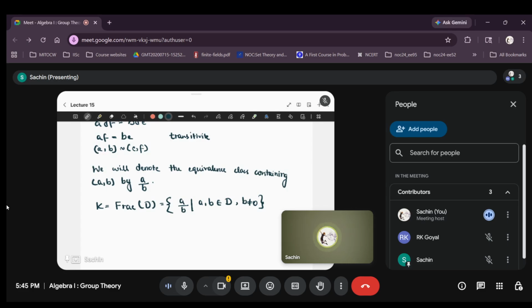So 1 by 2 is actually the equivalence class containing 1 comma 2, which would also contain 2 comma 4. The equivalence class containing 1 comma 2 is the same as the equivalence class containing 2 comma 4. And 1 by 2 and 2 by 4 are simply notations to denote those equivalence classes. They are the same equivalence class.